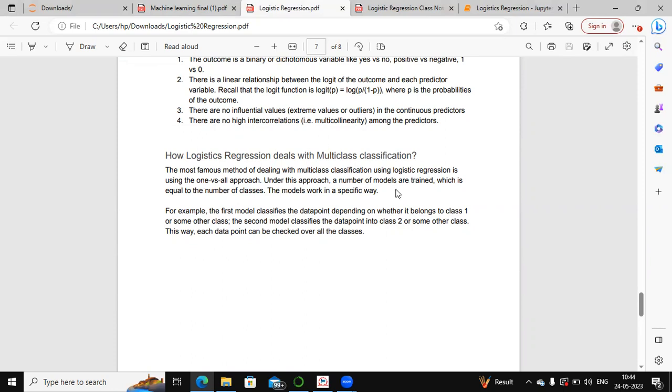For example, the first model classifies whether a data point belongs to class 1 or some other class, like A or not A. The second model classifies the data point into class 2, B or not B. This way each data point can be checked for all the classes.